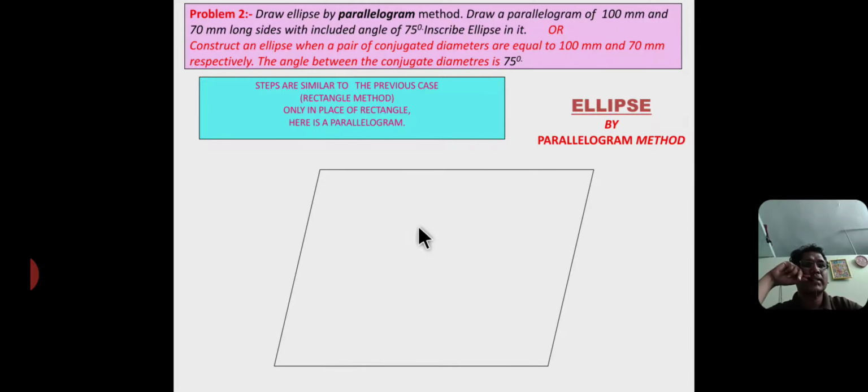First of all, you have to construct a parallelogram. That means first you have to draw a horizontal line equal to 100 mm, and take an included angle of 75 degrees at this corner and at this corner.